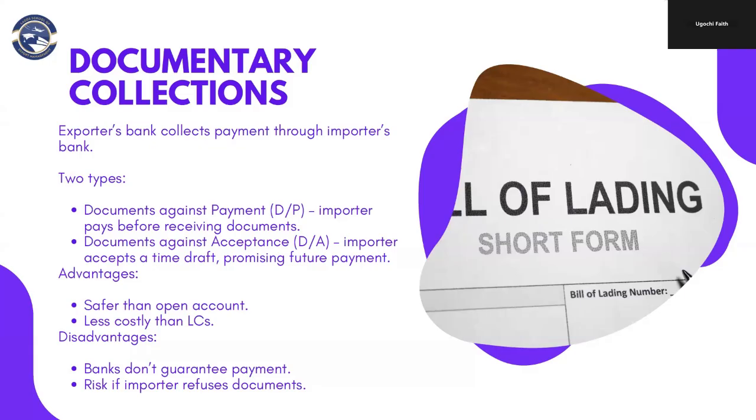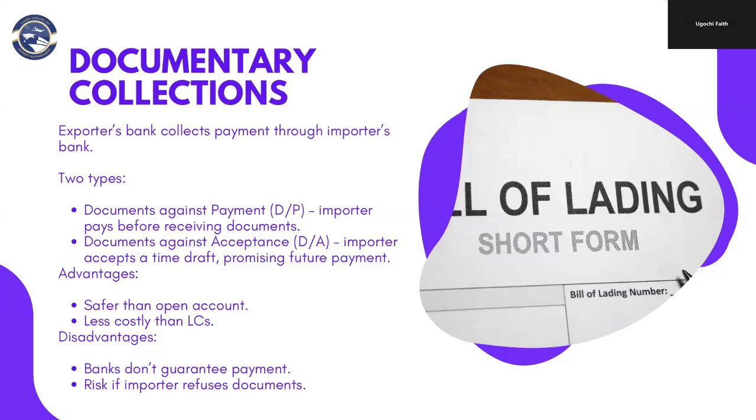It might be that the importer has to sell some or parts of the goods inside that container before payment can be made. So it also happens like that, depending on the understanding between both of you. But the importer will make sure to pay at that time.